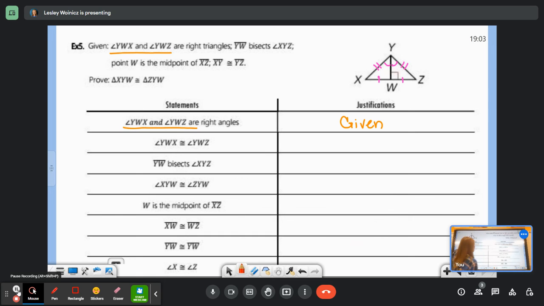These two angles are these two right here. And the reason we know those two are congruent is because all right angles are congruent.